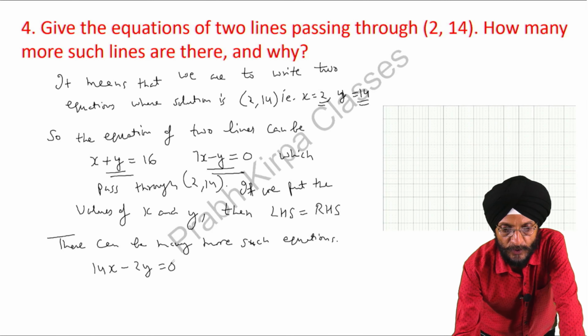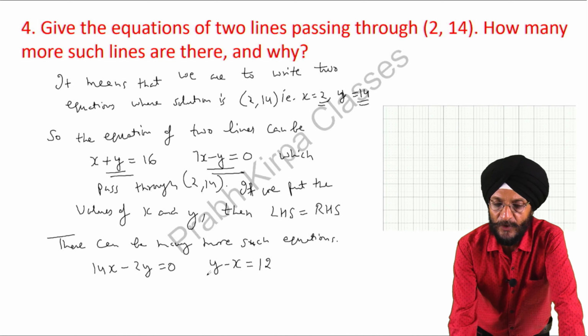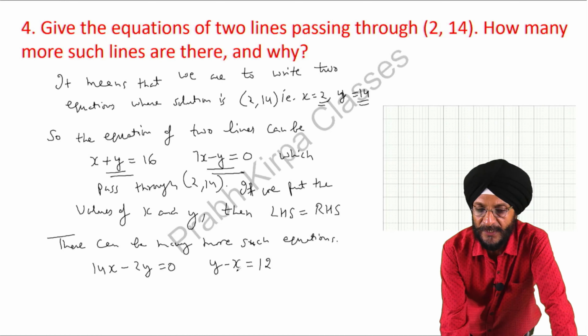That is 14 into 2, 28, minus 2 into 14, 28, 28 minus 28, 0. Or it can be y minus x is equal to 12. If we put the value of y, it is 14. 14 minus x, x is 2. 14 minus 2 is equal to 12. That is, many such equations can be formed where the value of x is 2 and the value of y is 14. So now we will come to the conclusion.